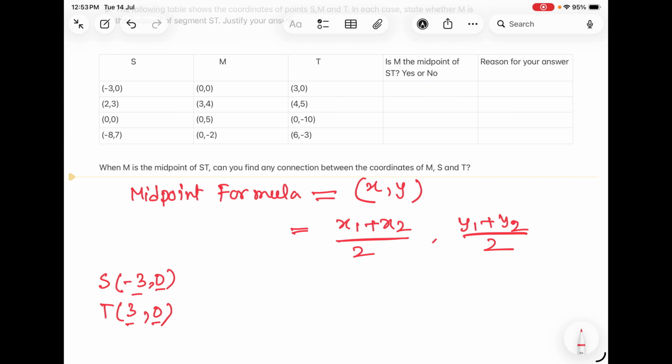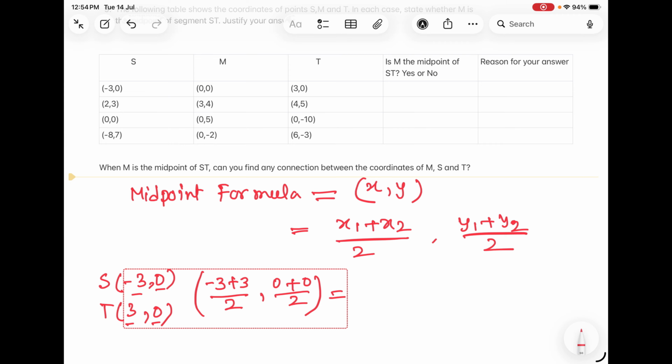Using the midpoint formula, x1 is minus 3 plus x2 is 3, by 2, comma, y1 0 plus y2 0, by 2. So you get minus 3 plus 3 is 0, 0 by 2 is 0, and 0 plus 0 is 0, 0 by 2 is 0. So in the first case, M is the midpoint of ST, because the coordinates of M are given as 0, 0, and after solving we also get the same.